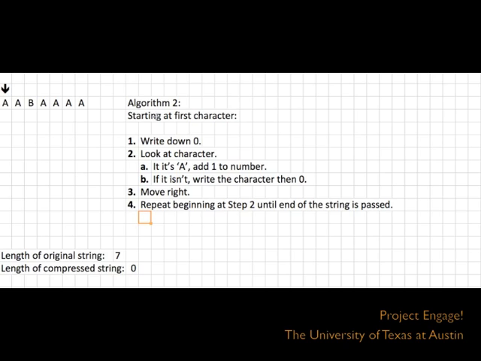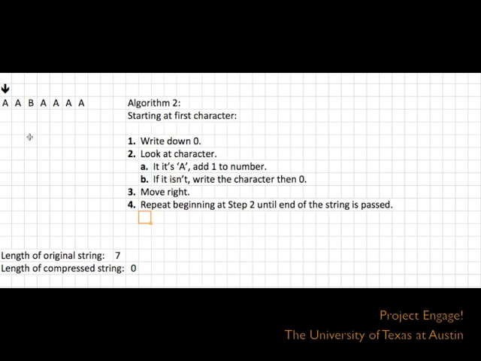So, starting at the first character, we're going to write down a 0. We're going to look at the character we're pointing at. If it's an A, we're going to add 1 to the number we have written down. If it's not, we're going to write whatever character we're looking at and then a 0 and move right. So we are going to keep doing this, beginning at step 2 and moving through step 3, until we have passed the end of the string.